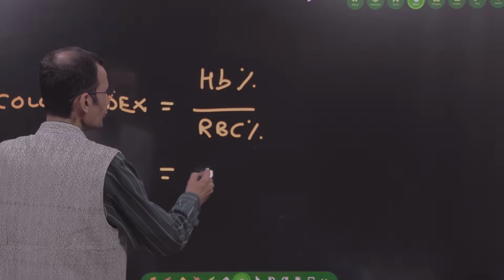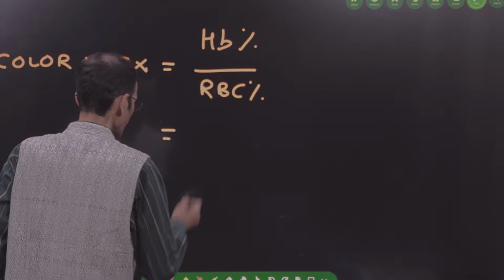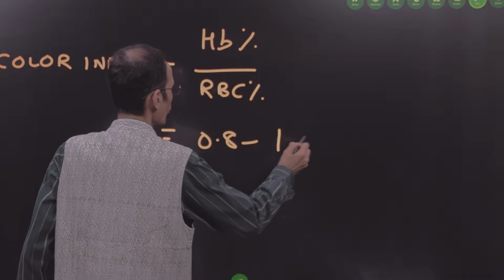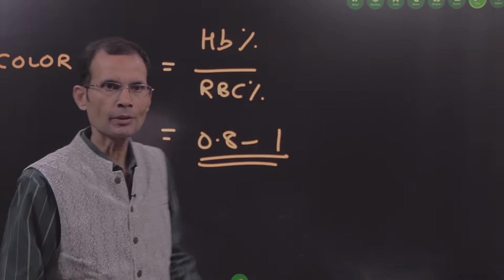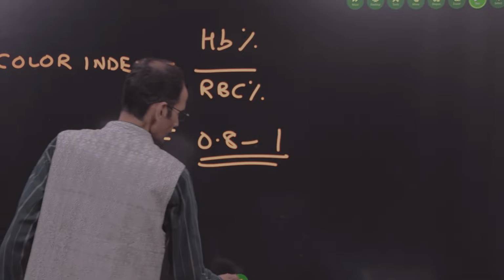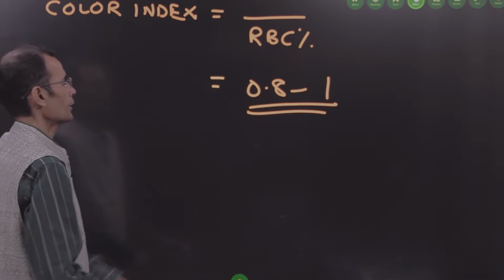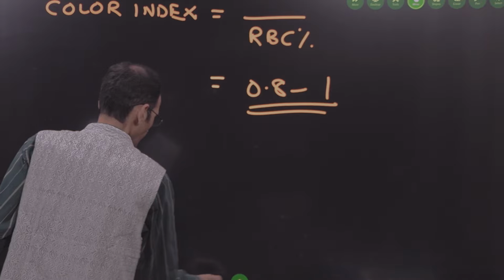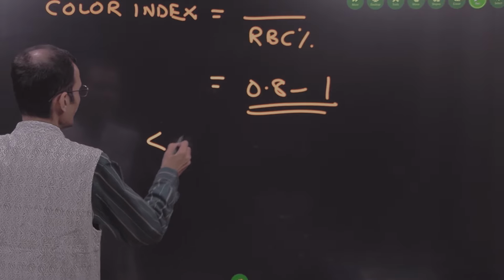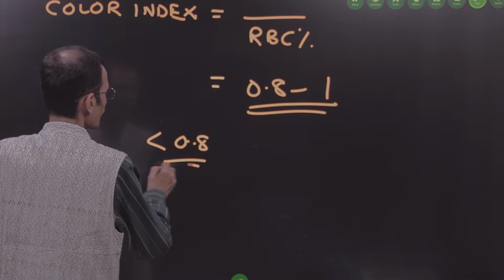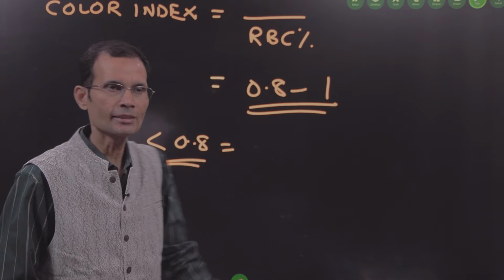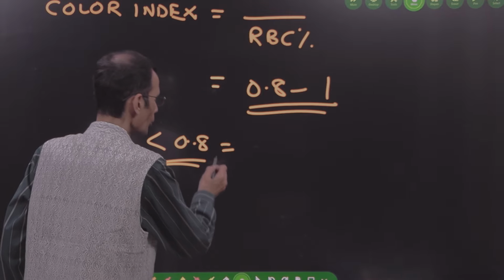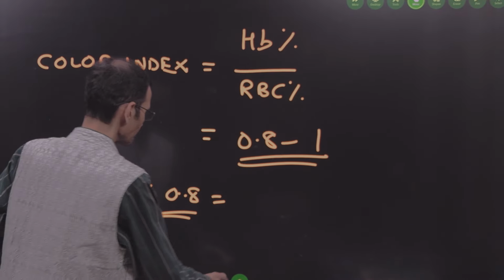Now, the normal value is 0.8 to 1. Of course, no units, because it's percent upon percent. And therefore, if it is less than 0.8, it will mean what? Hemoglobin is less, the numerator is less.